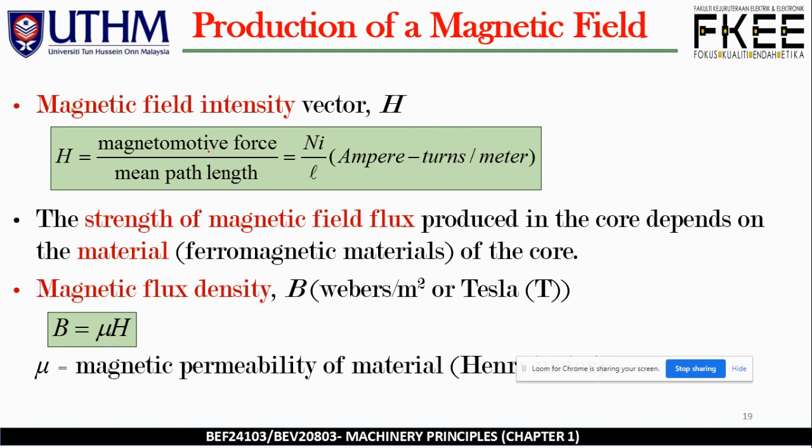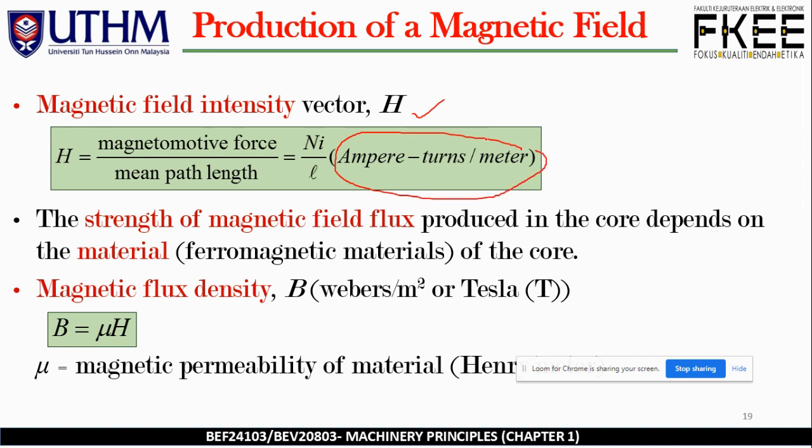We have magnetomotive force Ni over mean path length L, in ampere turns per meter. So this is the MMF per unit length along the path of the flux. Don't forget the unit of this magnetic field intensity.